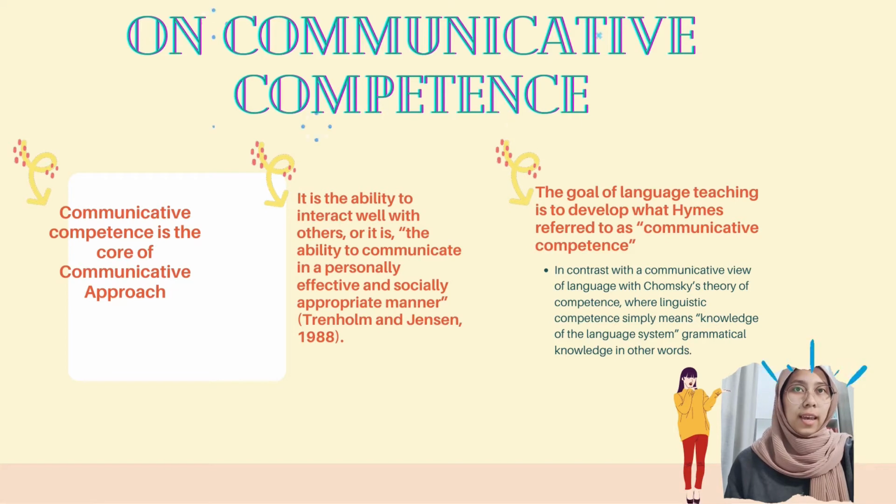To add on that, an analysis of communicative competence is found in Canale and Swain in 1980 that the communicative competence is made up of 4 major strands, which are grammatical competence, sociolinguistic competence, discourse competence, and the last one is strategic competence.